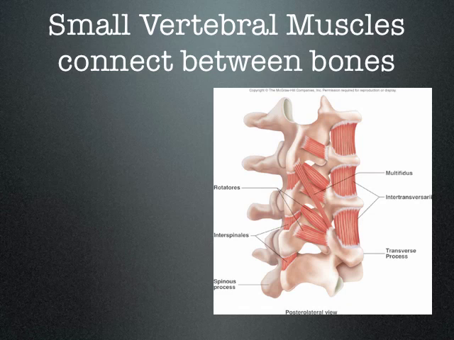How many of these muscles am I likely to have then? Okay? A lot. Upwards of 100 or more. If I just had one of each and 25, just like the intertransversarii, if I had 25 on each side, and I've got two sets, I've got 100.